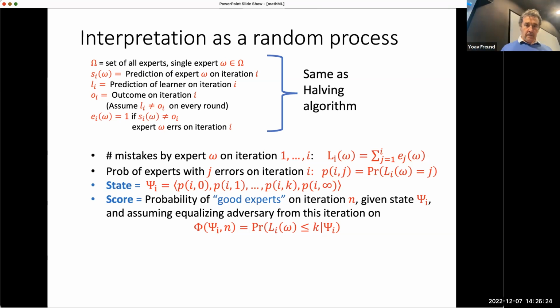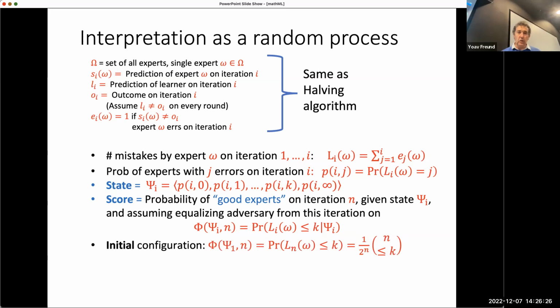So the initial configuration is this. The initial configuration for step n is how many, if I'm starting at all of them at 0, what fraction of the experts will be at the end, right there. But it's easy to calculate, right? Because it's all just half and half split, right?